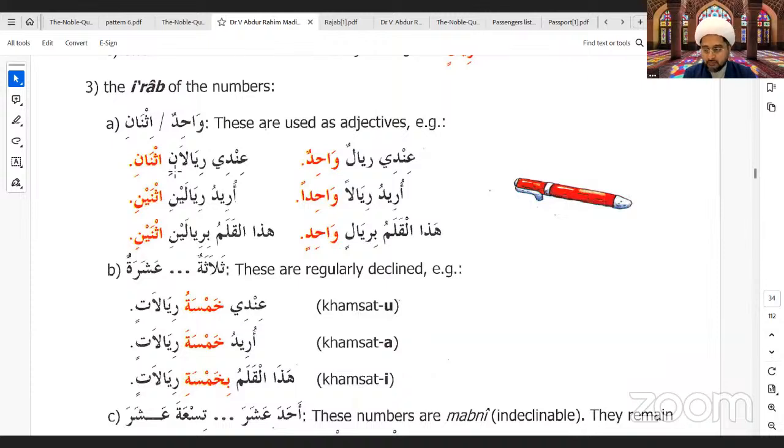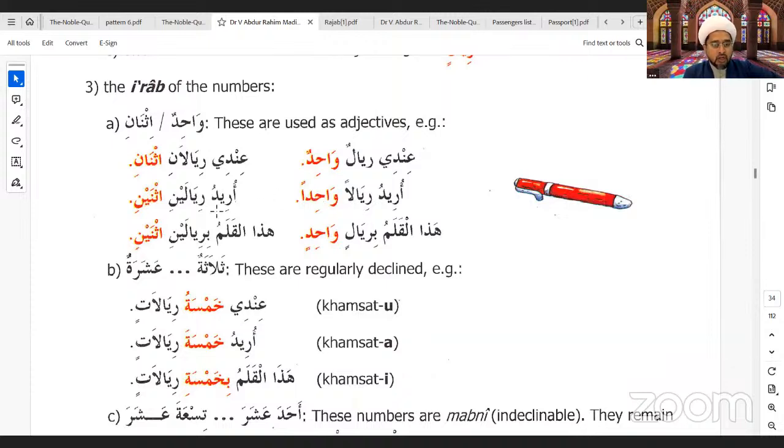In the dual nouns, the alif here is the sign of marfu, that the noun is in the state of raf. And when you are changing the noun rialani into an object of a verb, as urido, I want, what do you want? 1 real. So here, this is a normal singular noun, rialan wahidan.